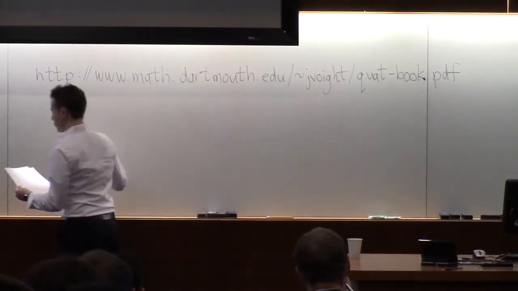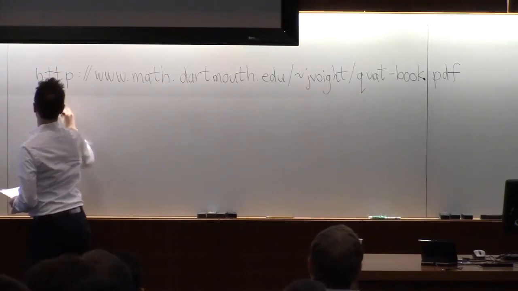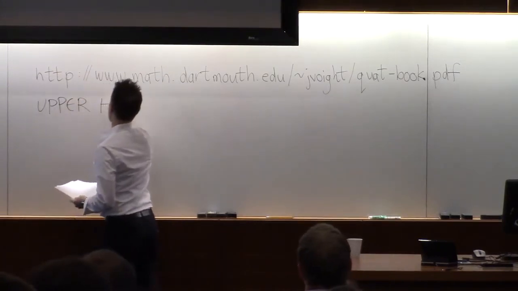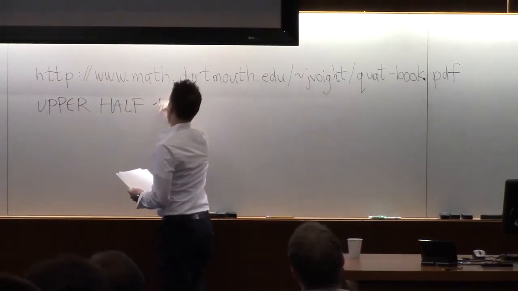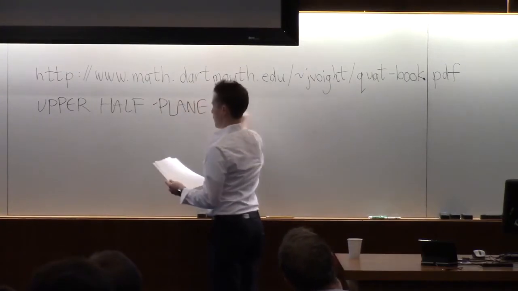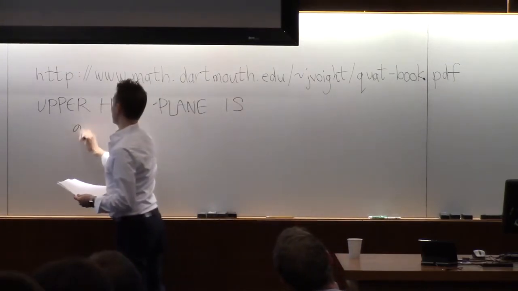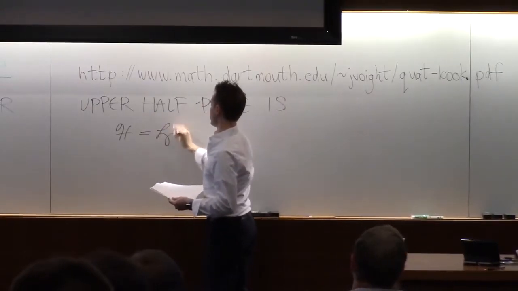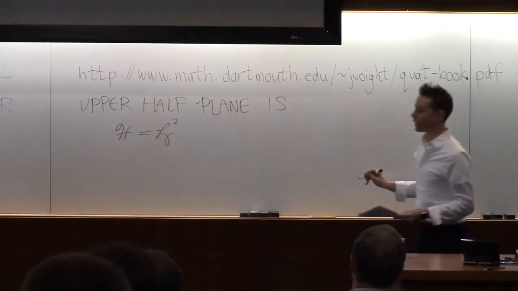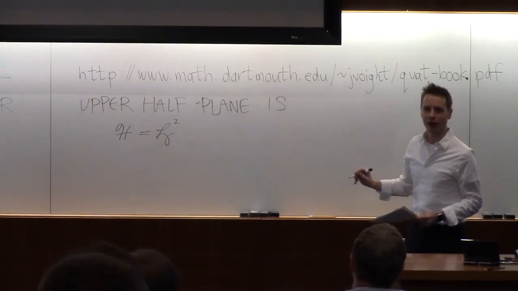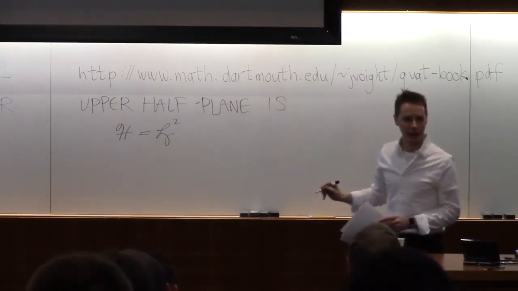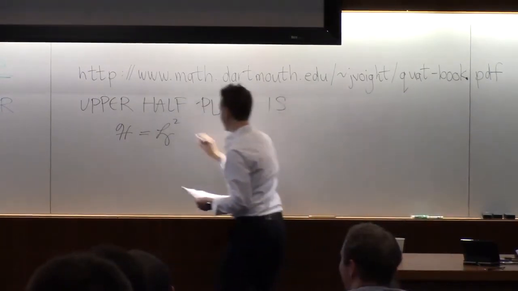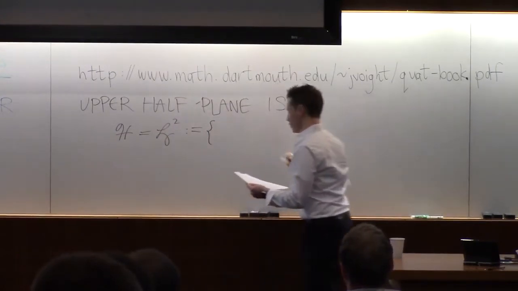Let's set up some basic notation. The upper half plane. This is going to be my H. It's actually sometimes written H2, in Fraktur or mathcal, however you denote it.